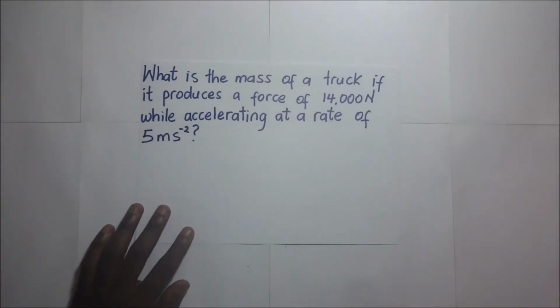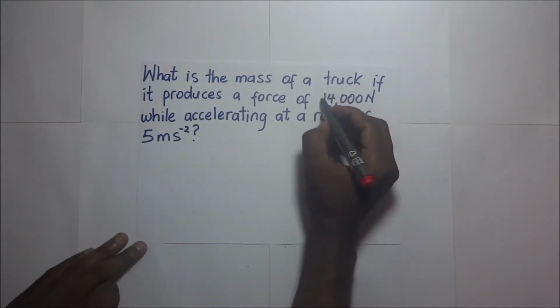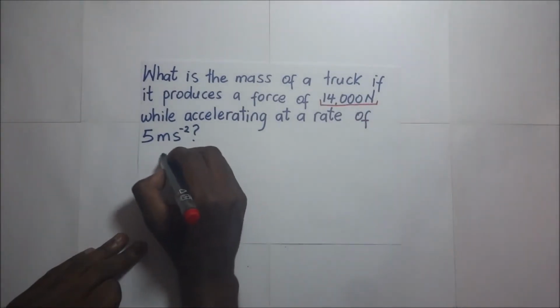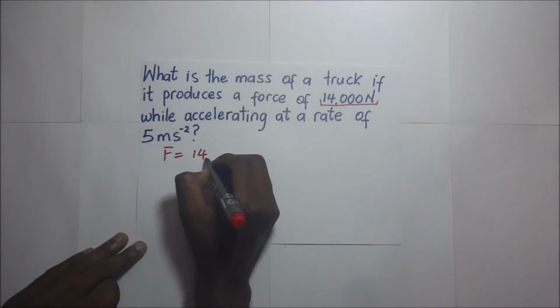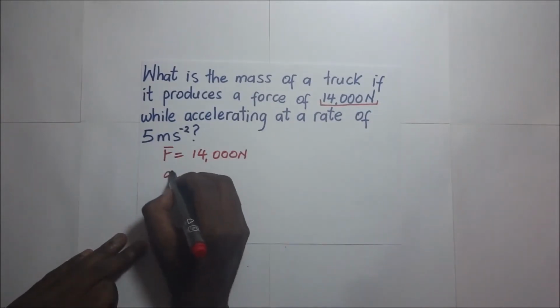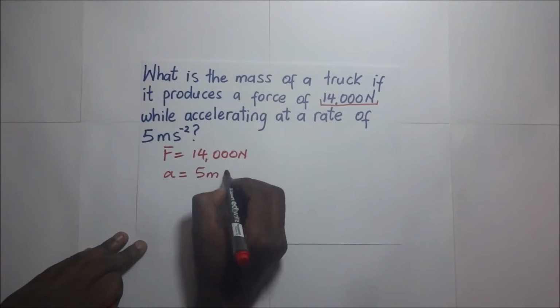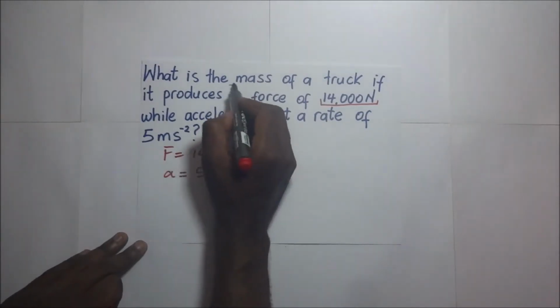In our next question, you are being told: what is the mass of a truck if it produces a force of 14,000 newtons while accelerating? Its acceleration is 5 meters per second squared, and they're asking us to find the mass.